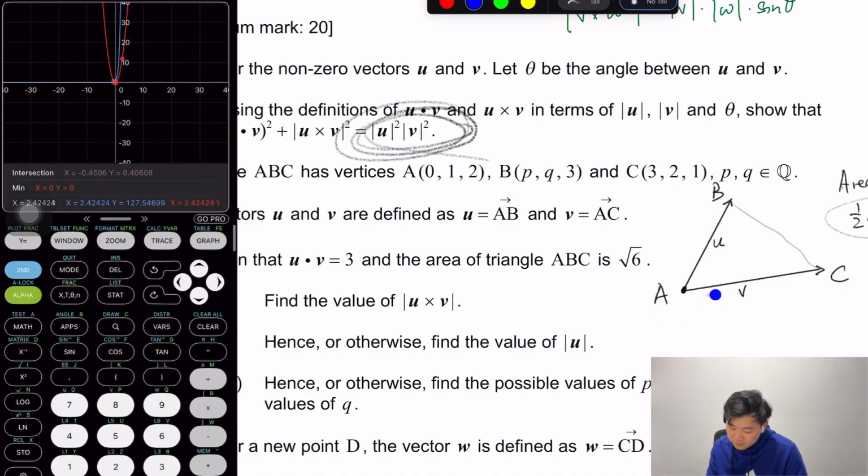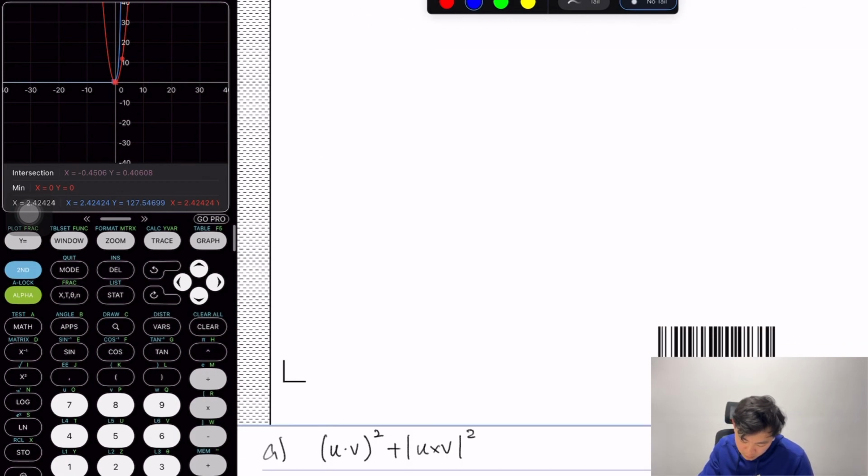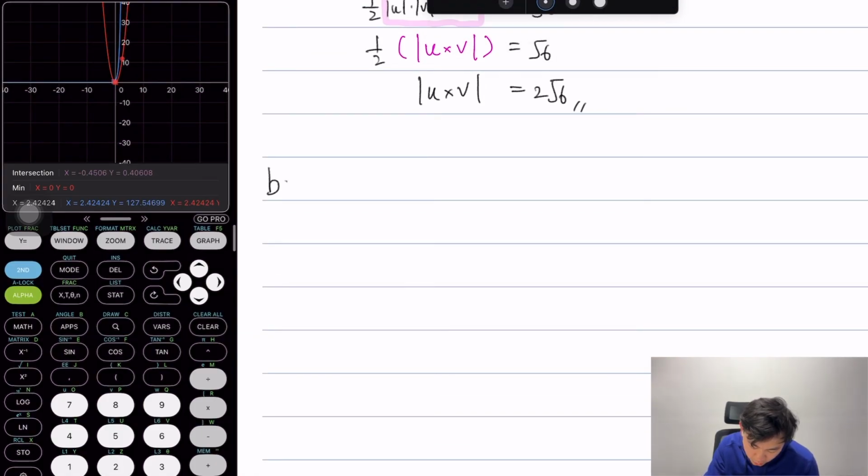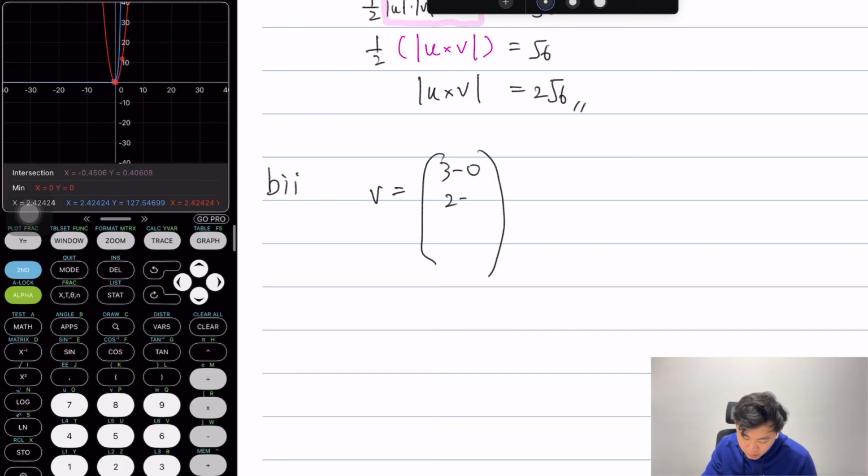Actually, we can figure out v first, which is 3 minus 0, 2 minus 1, and 1 minus 2. So let's write down the v vector for B2. It's 3 minus 0, 2 minus 1, 1 minus 2, which equals 3, 1, negative 1.